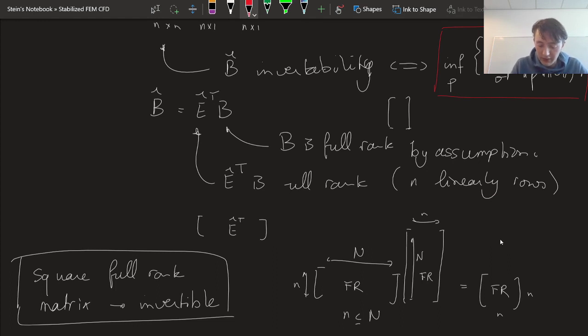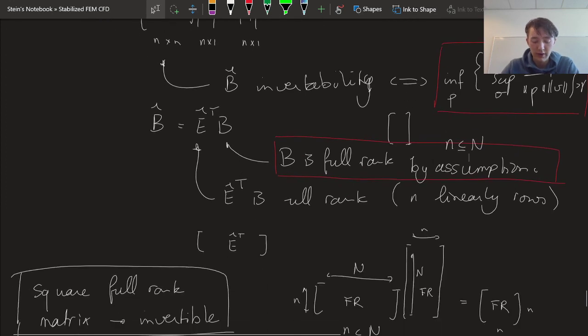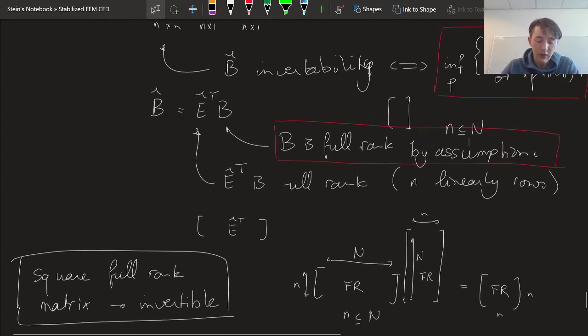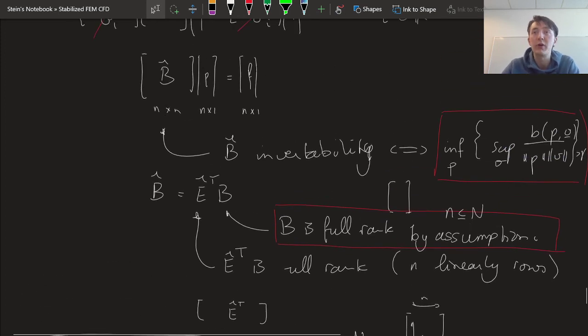But this is the assumption that we made, and that's going to align with the Inf-sup condition. So the Inf-sup condition in a discrete sense means that B is full rank and n is smaller than or equal to big N. That is the discrete representation of the Inf-sup condition. And that's going to end up being, going through these steps, the condition that also makes this matrix B hat invertible and hence giving me a certain pressure solution.